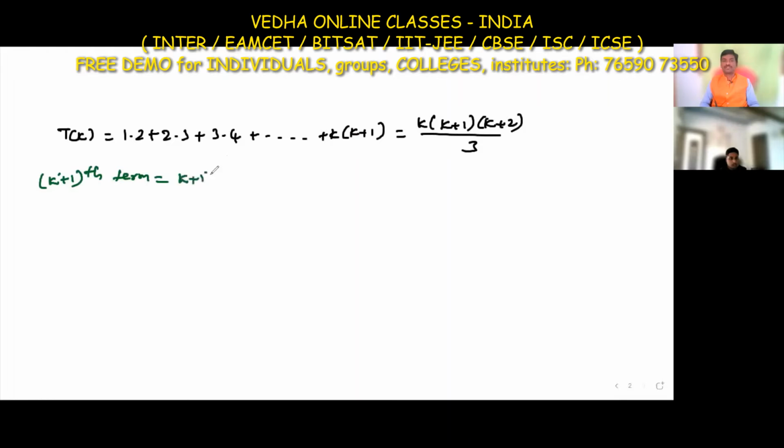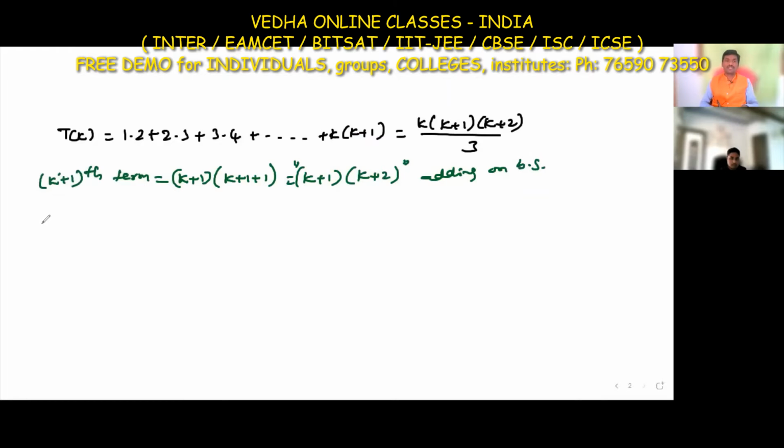So in place of k or n, if we substitute k plus 1, here also k plus 1, and here k plus 1 plus 1. That means (k plus 1) into (k plus 2). This is the (k plus 1)th term, adding on both sides.